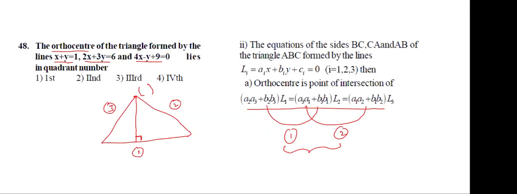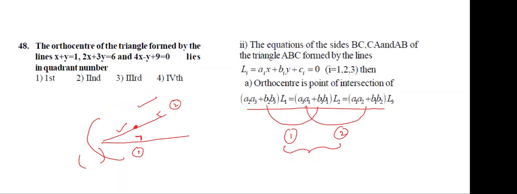In that way, find the equation of the altitude. Take another altitude, perpendicular to equation 2, but solve 3 and 1 to get this vertex. Find the other altitude. The point of intersection of these two altitudes is the orthocenter. Okay, you can do any one, no problem. Right. So I am going to use the shortcut method now.